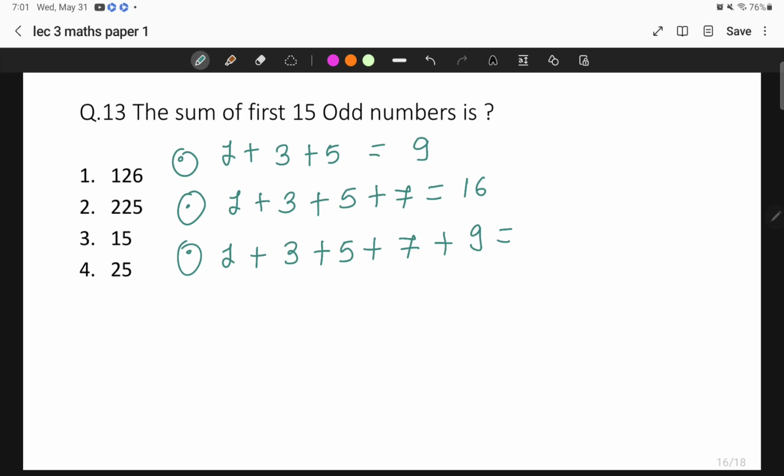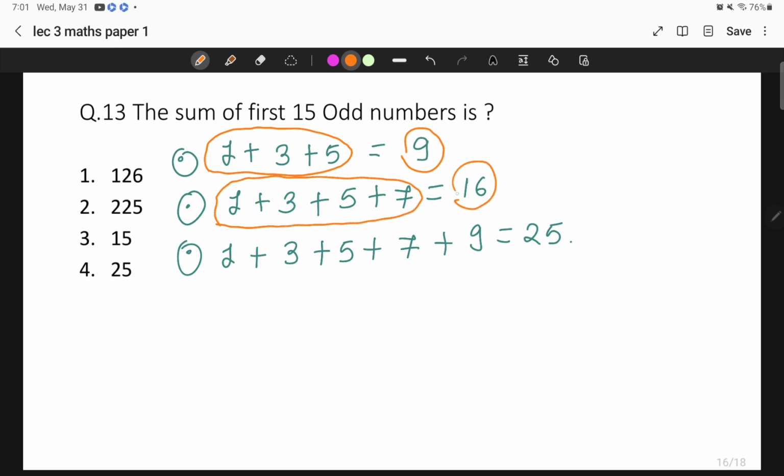I have taken the summation of the first 5 odd numbers and the summation is 25. Got it? Just focus on my words. First 3 odd numbers summation is 9. First 4 odd numbers summation is 16. First 5 odd numbers summation is 25.